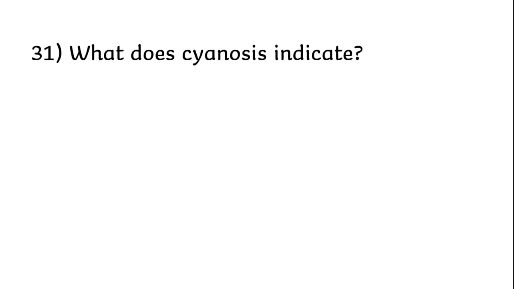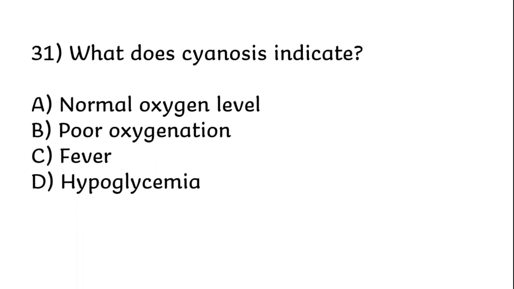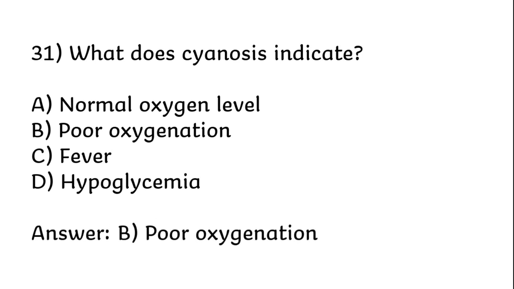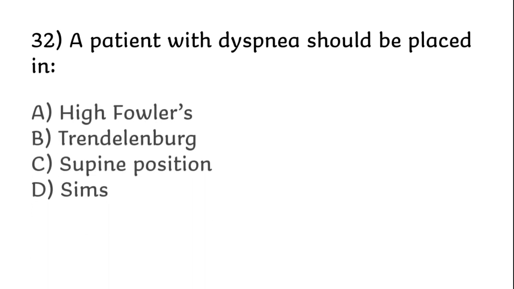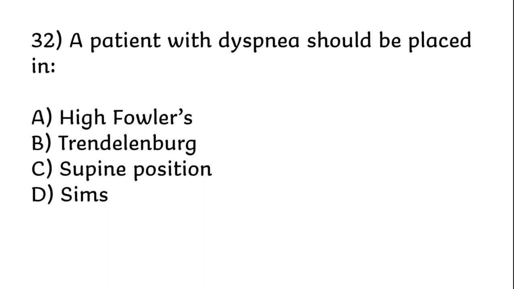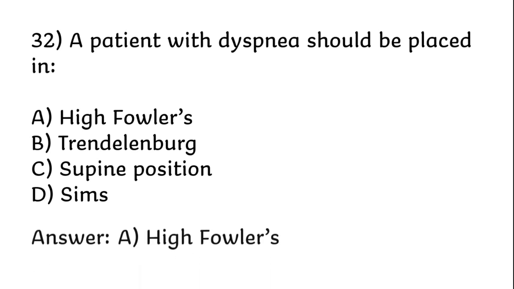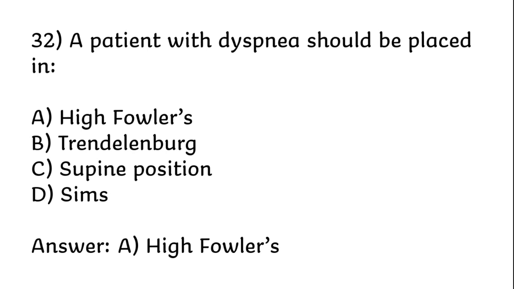What does cyanosis indicate? Normal oxygen level, poor oxygenation, fever, hypoglycemia. Correct answer is option B, poor oxygenation. A patient with dyspnea should be placed in High Fowler's, Trendelenburg, supine position, Sims. Correct answer is option A, High Fowler's.